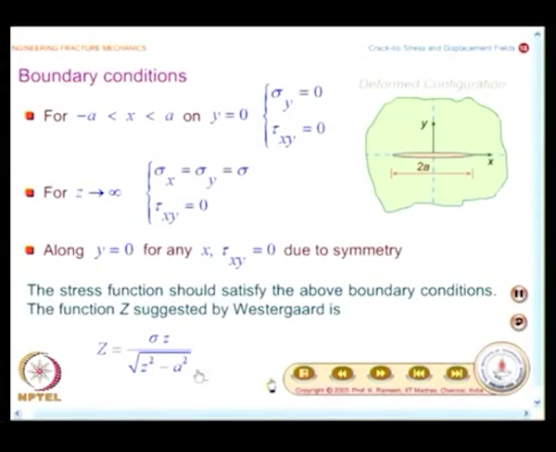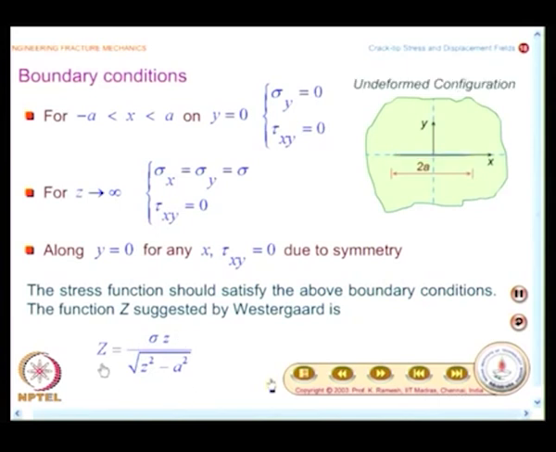And if you look at, when you want to find out solution for a finite body or a body with single edge crack or double edge crack, for all of them series of cracks would be the starting point to arrive at a solution. So, the beauty of Westergaard's approach is he had coined the stress function Z. With simple modifications, you could get solution for a variety of problems.